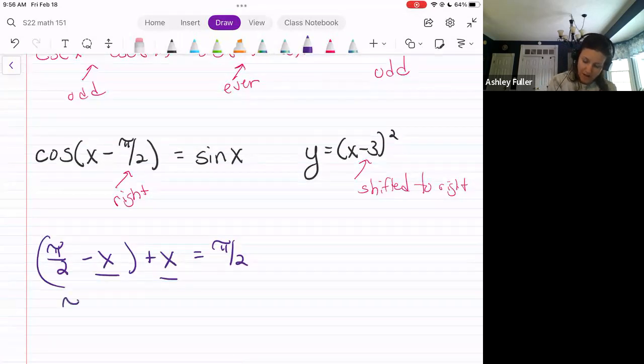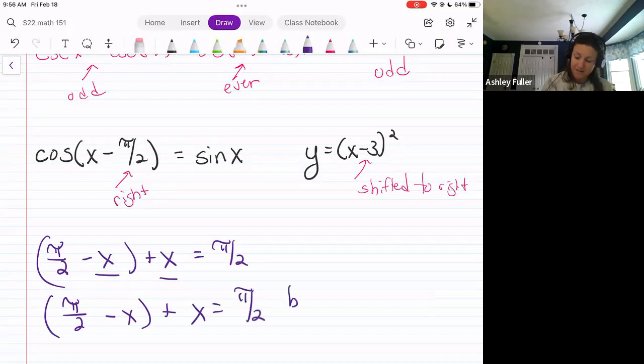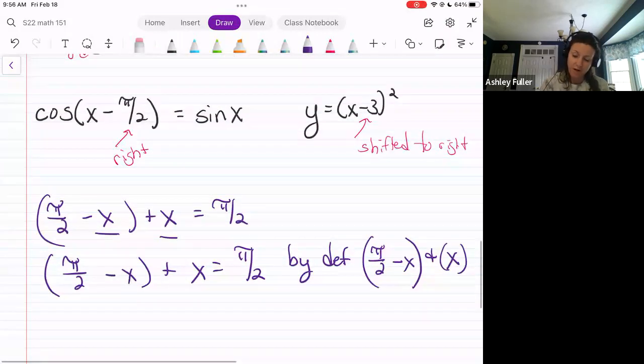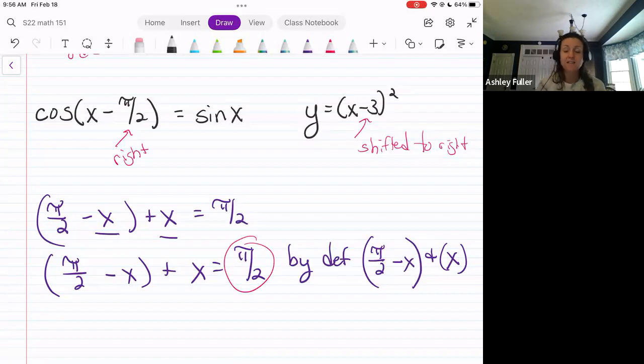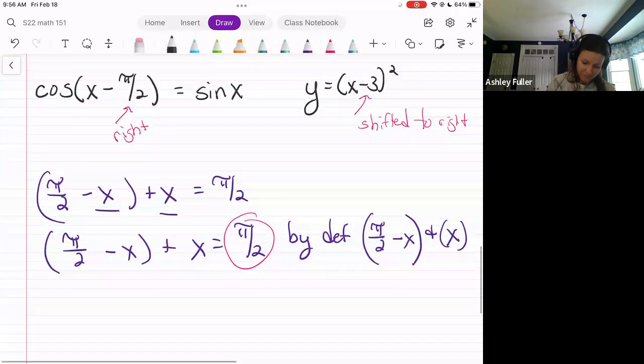Since pi over 2 minus x plus x equals pi over 2, by definition we know that pi over 2 minus x and x are complements, because if you remember, complements add up to 90 degrees or pi over 2. This then allows us to use those cofunction identities that we looked at in a previous section.